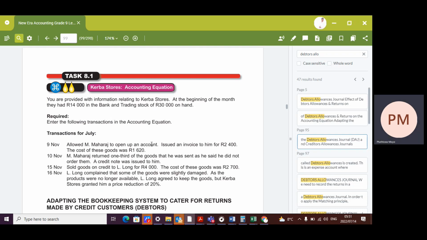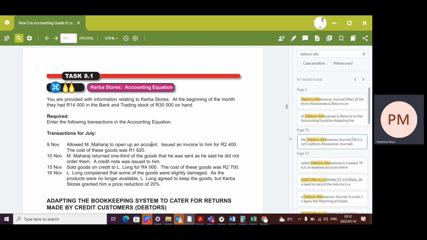M. Maharaj returned 1/3 of the goods that he was sent, as he said he did not order them. A credit note was issued to him. So the most important thing, guys, for you to remember, for debtors journal, you need a duplicate invoice for recording. For debtors allowances journal, you need a credit note.